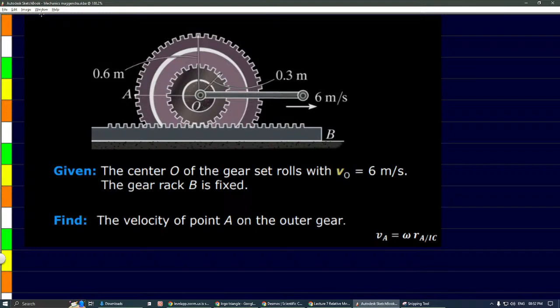Gear rack B is fixed. So the rack B is fixed and the center O of the gear set rolls. So the center is traveling on the right side, 6 meter per second.